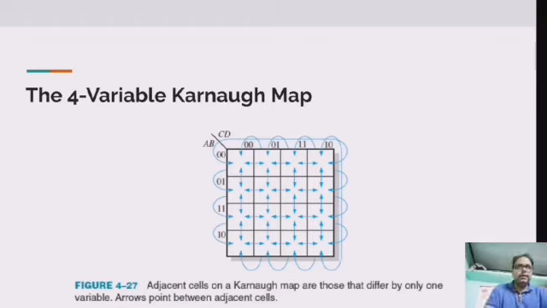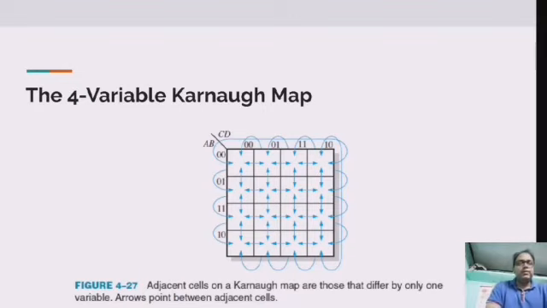Also, the cells in the top row are adjacent to the corresponding cells in the bottom row, and the cells in the outermost left column are adjacent to the corresponding cells in the outer right column.